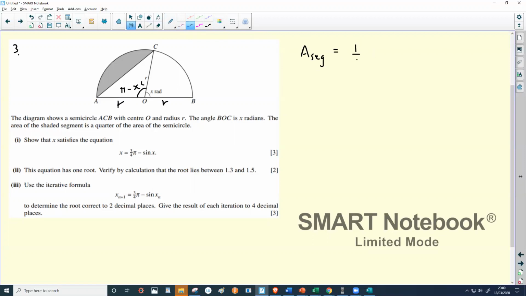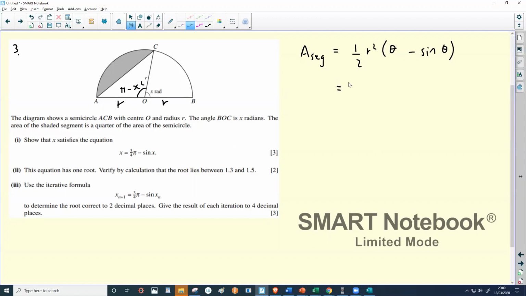It should be half r squared (theta minus sine theta). That is the area of a segment. Now, if we are working out the area of the gray shaded segment here, my radius is r and my theta is pi minus x.